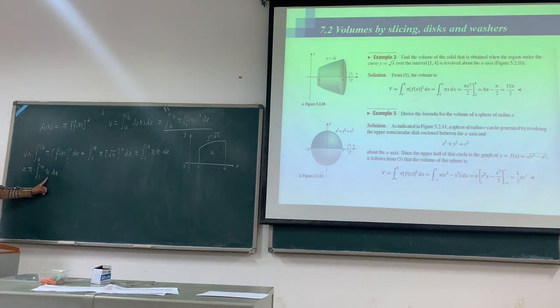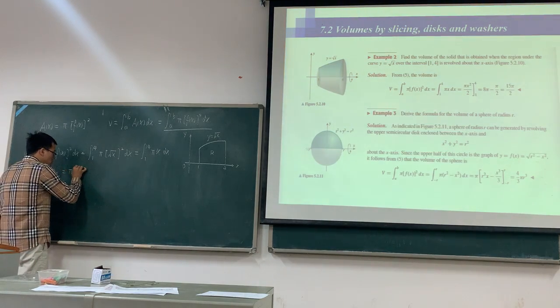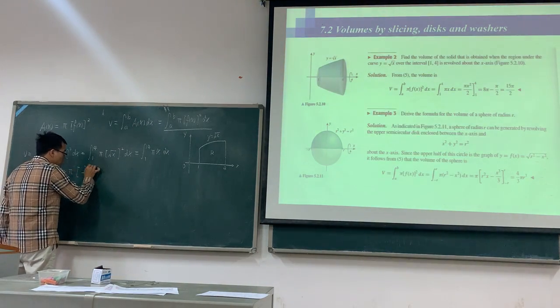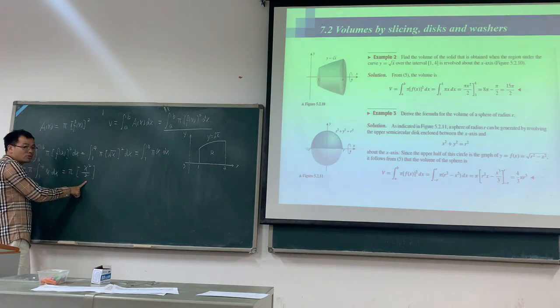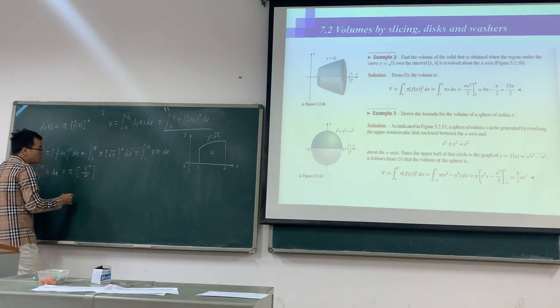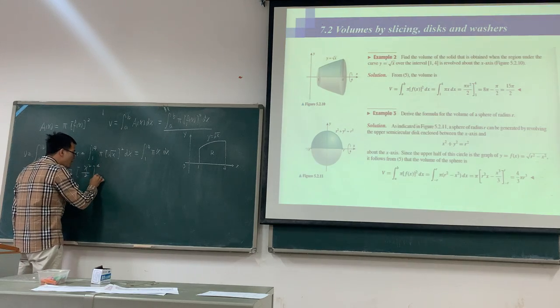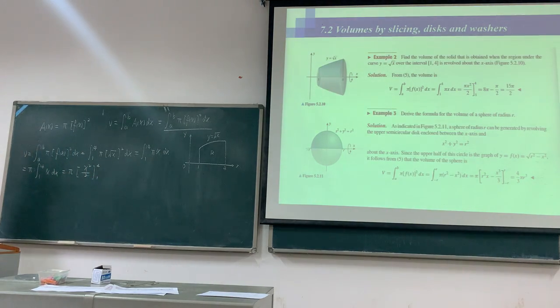What's the antiderivative of x? It's x squared over 2, that is, 1/2 x squared, evaluated at 4 minus evaluated at 1.